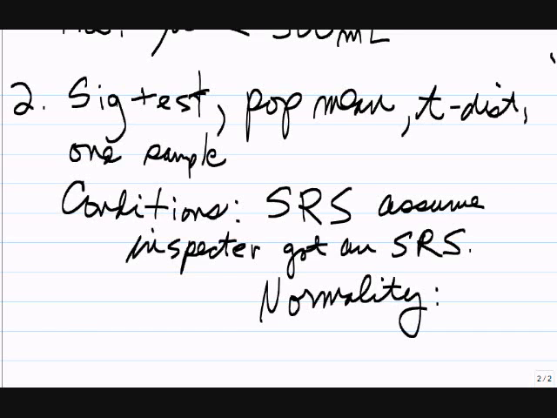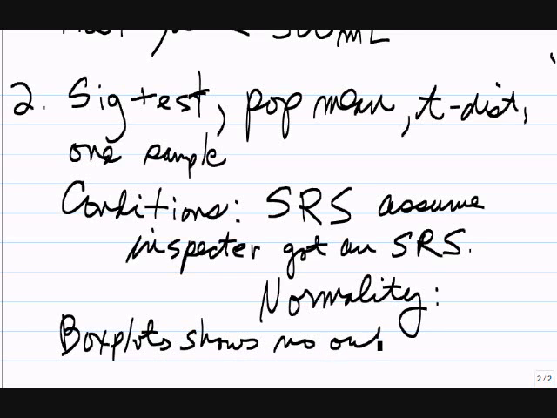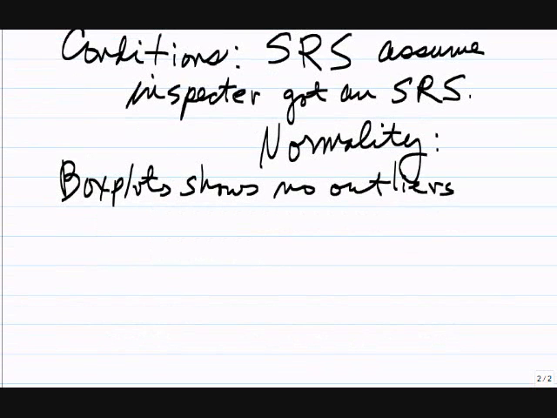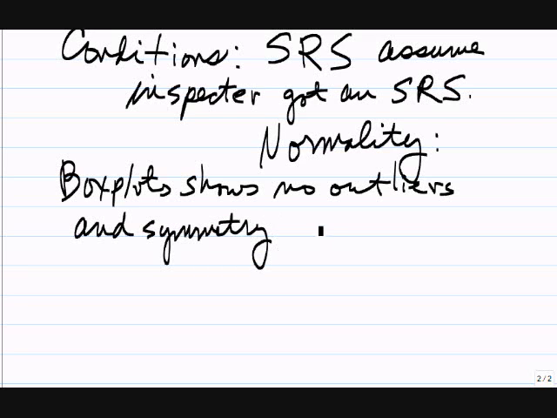All right, so I'm going to say box plot shows no outliers. Yeah, you're going to draw it. And it looks pretty symmetric. So mine looks about like that. Is that what yours looks like? Yeah, that's pretty symmetric for 6 values.